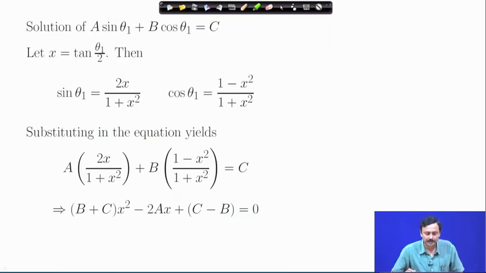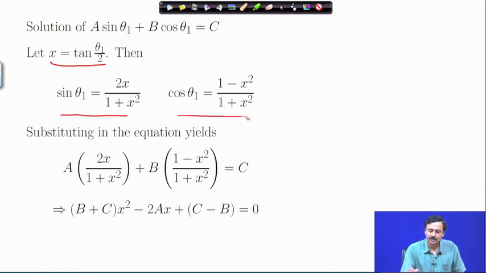So, we again reiterate the solution of A sin theta 1 plus B cosine theta 1 equal to C. We make this substitution as we have been doing, x as tan theta 1 by 2, and express sin theta 1 and cosine theta 1 in terms of tan theta 1 by 2, which is x.